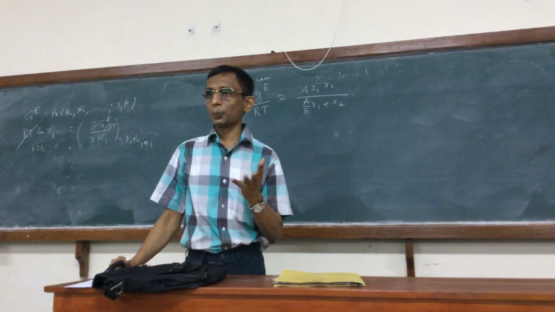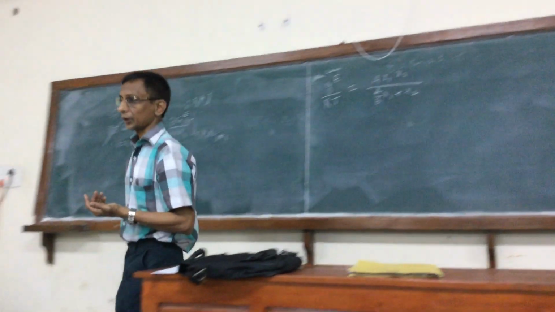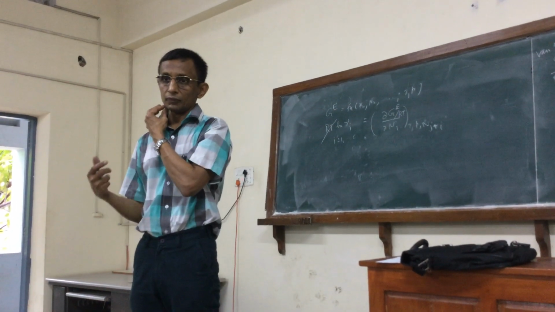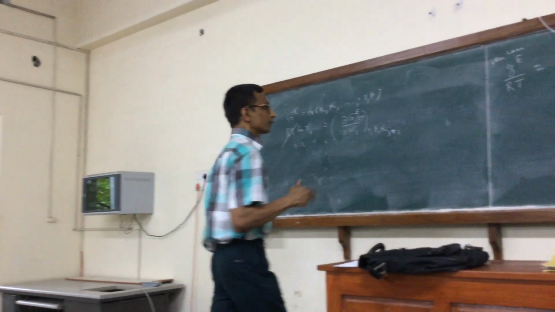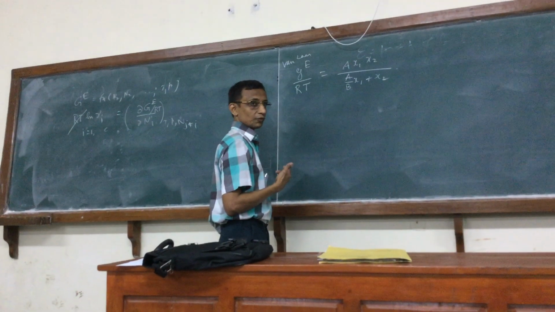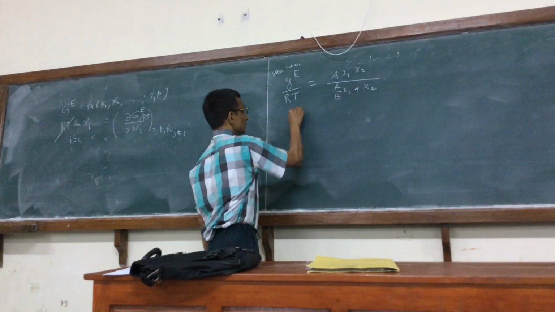So far we have dealt with polynomial expressions for the excess property, so it is easier to differentiate those with respect to the mole fraction. But here it is not quite a polynomial, it is a ratio. So the first option is to convert it to G^E.